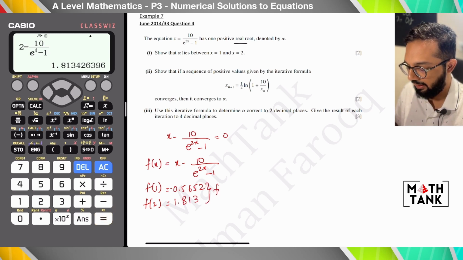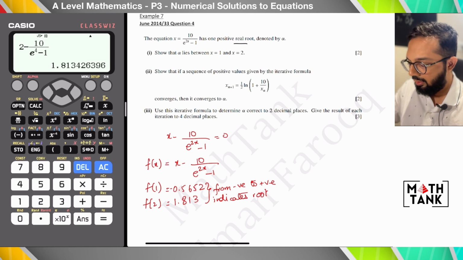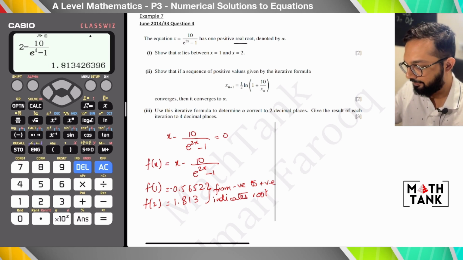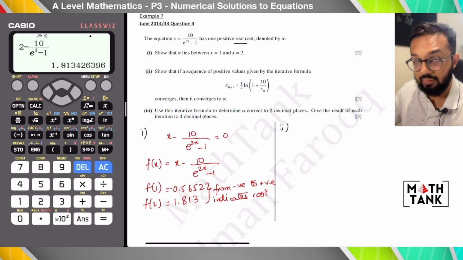So that's from negative to positive, which indicates a root. That's part one. Then part two is a little different.